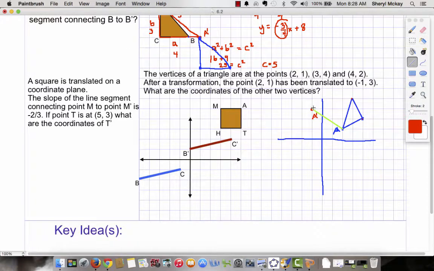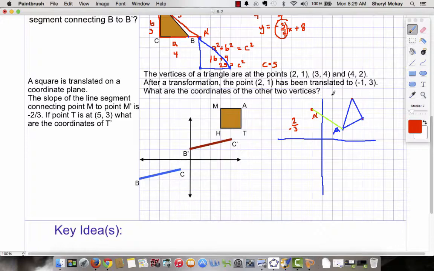Well, the slope of this line segment would be up 2 and back, or negative, 1, 2, 3. So negative 2/3. That's the slope of our line segment. So that means we can take each of these other points and go up 2 and back 3 to figure out what the translated points are.